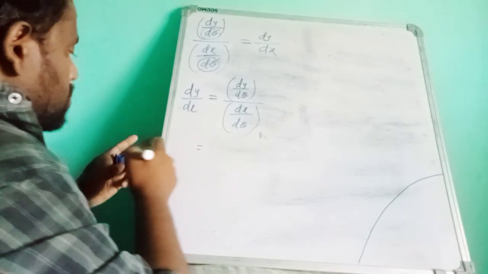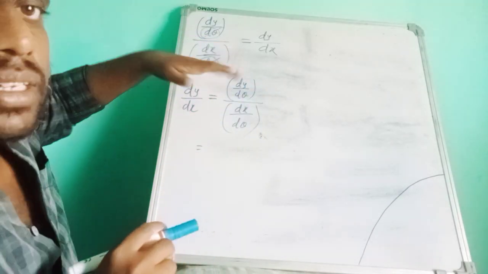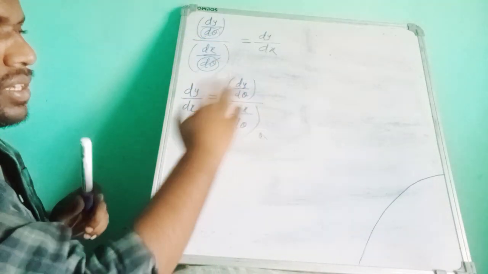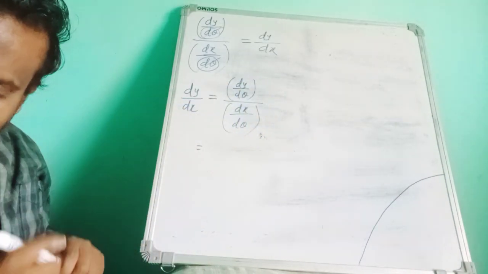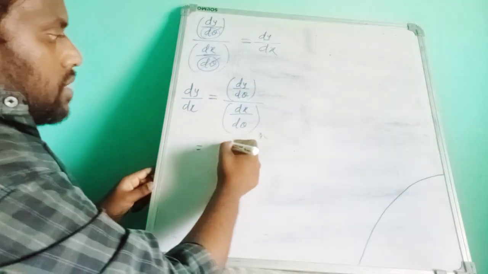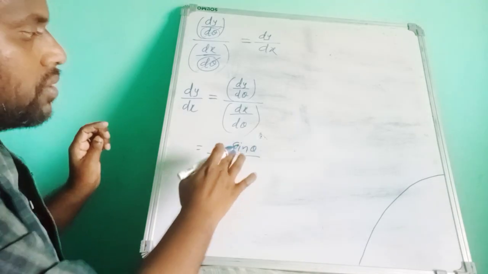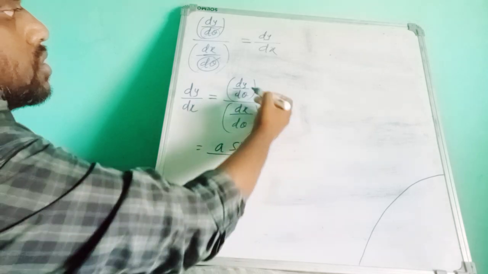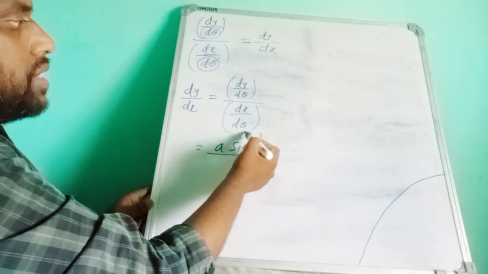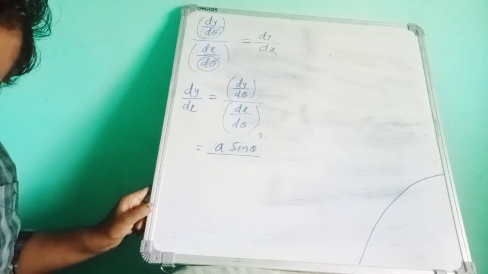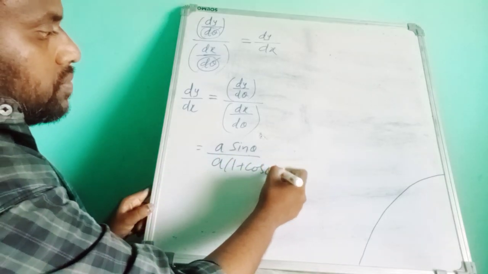So next step, dy by d theta. We already calculated it on the back side of the board. We got dy by d theta is equal to a sin theta, and dx by d theta is a into 1 plus cos theta.